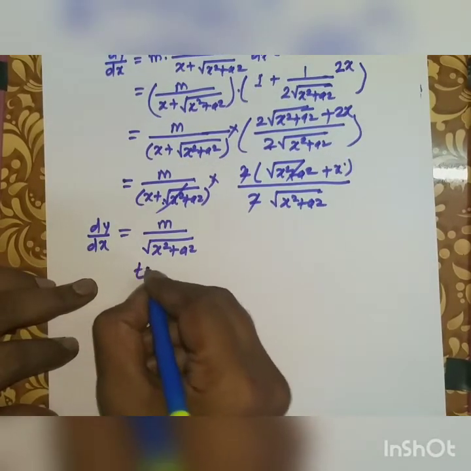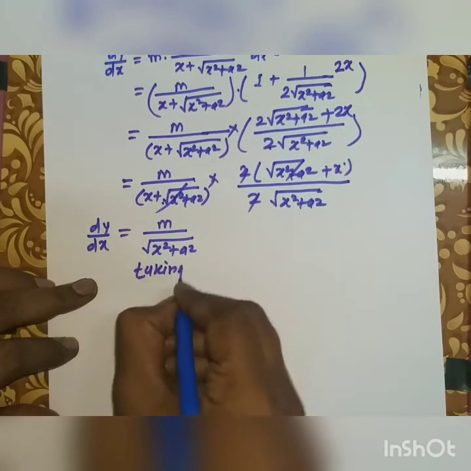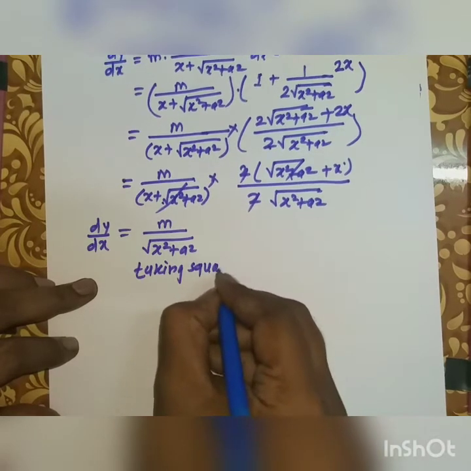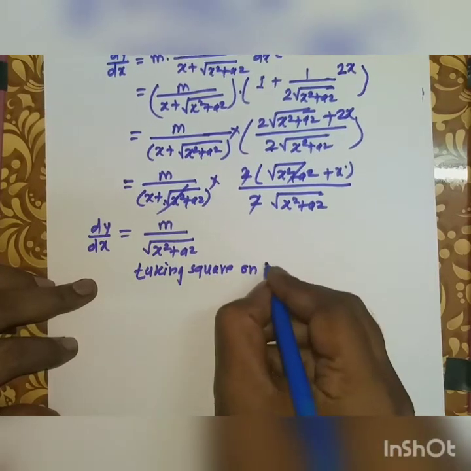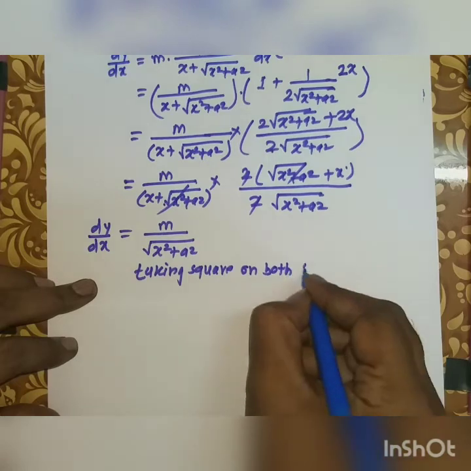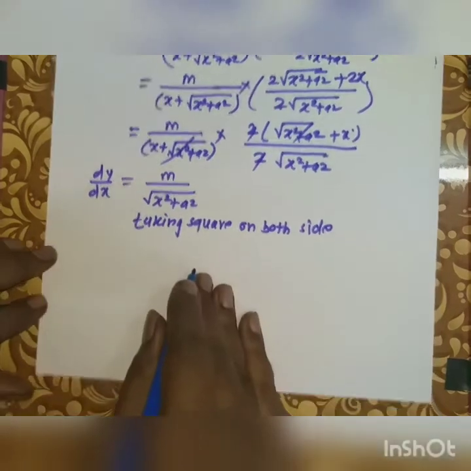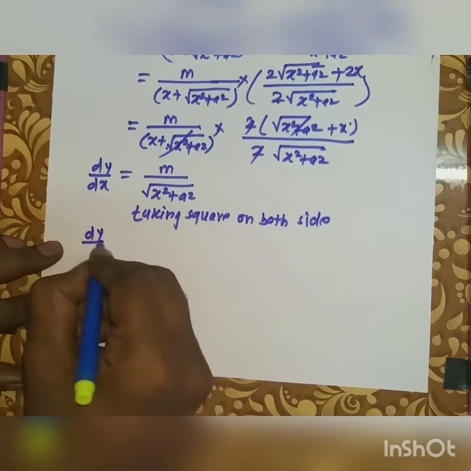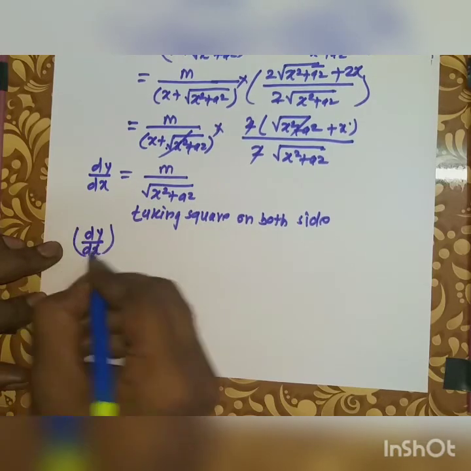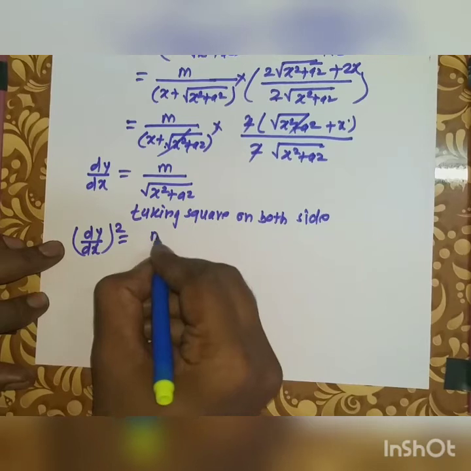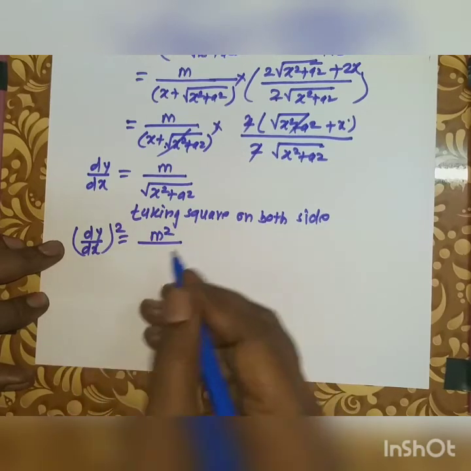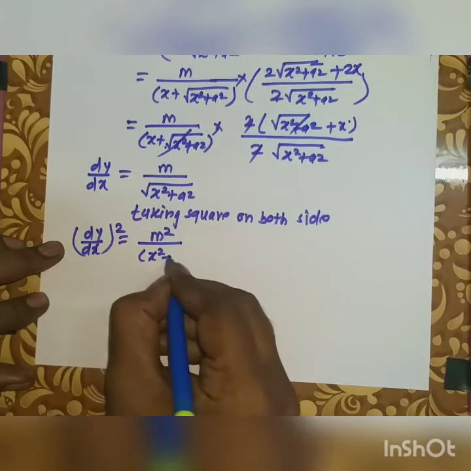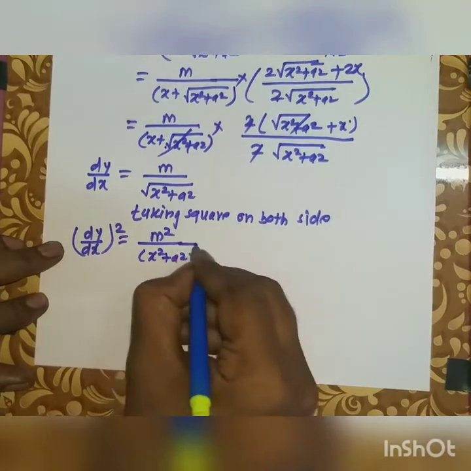Taking the square on both sides, the left hand side is dy by dx bracket square, equal to m square divided by x square plus a square.